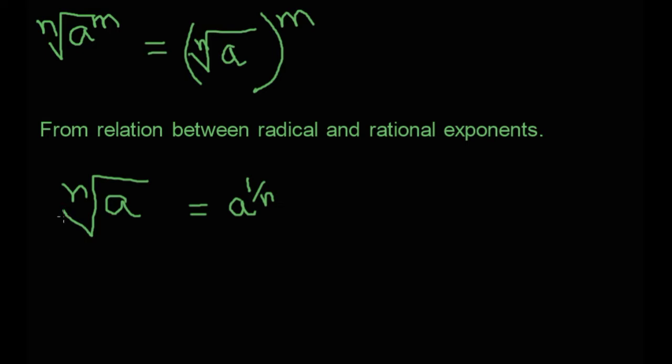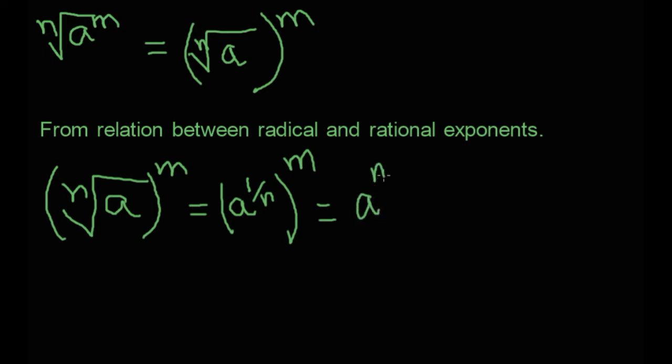So if we put a bracket here, to the power m, we can put the bracket here to the power m. So we can write this as a to the power m by n.